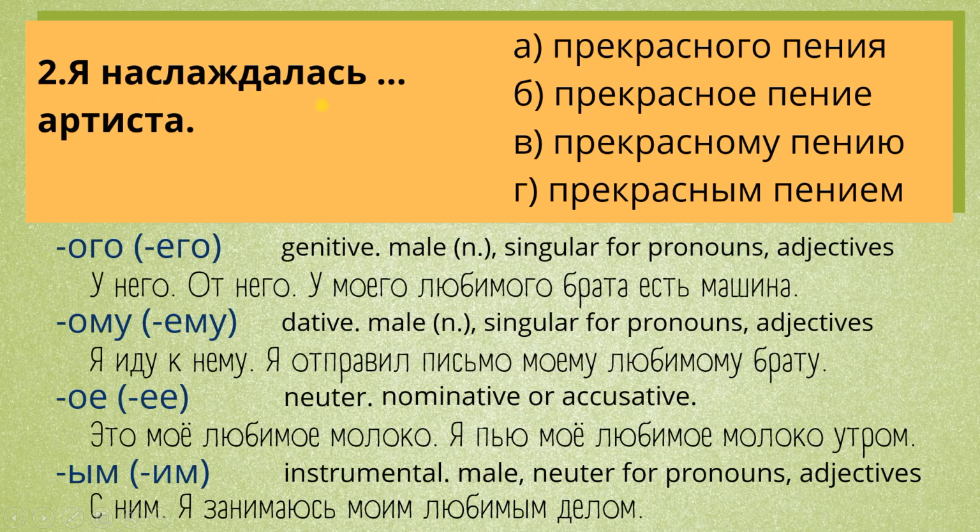Я наслаждалась. What to put? There are several verbs after which we definitely need to use instrumental case without any reasons. And it's like a collocation. We need to learn them.